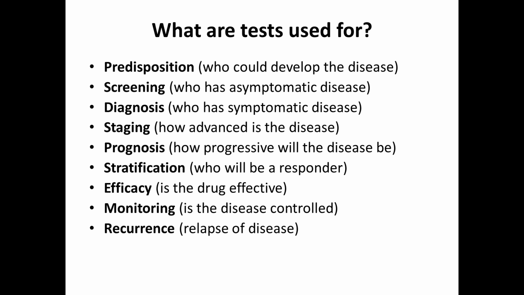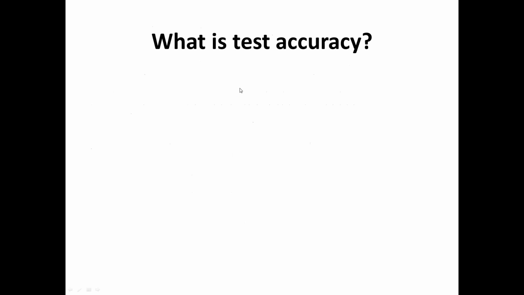All of the other types of question require us to follow patients to find out whether they develop disease or what their outcomes are, or whether they benefit from treatment. And those are questions where test accuracy doesn't apply. So you have to be a little bit careful when we're starting looking at tests to make sure that we are talking about a question which can be answered by looking at accuracy.